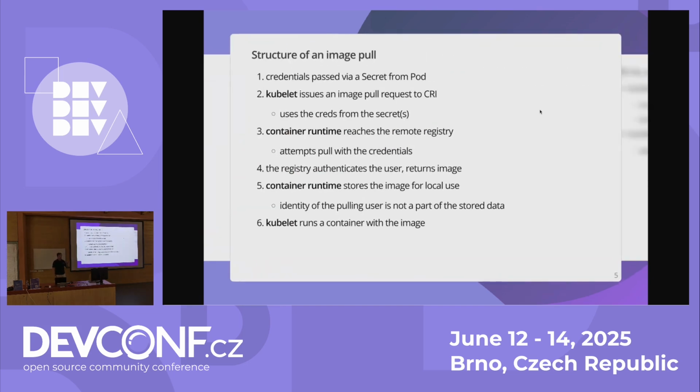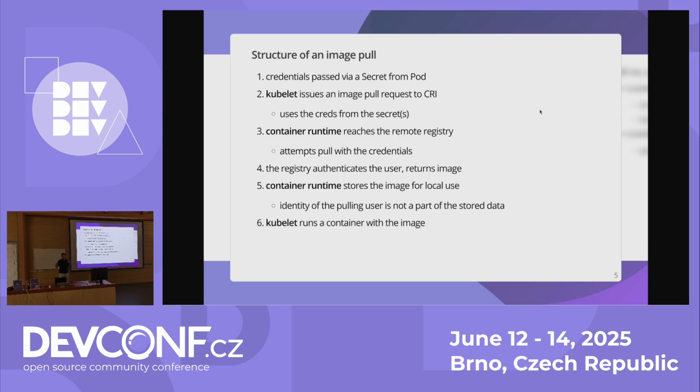All right. So to understand all of that, we actually already talked about the structure of an image pull, right? But I've got this slide here just so that we understand the components. We've got kubelet, which is trying to act on behalf of the pod, and it is trying to interact with some kind of container runtime using the container runtime interface.